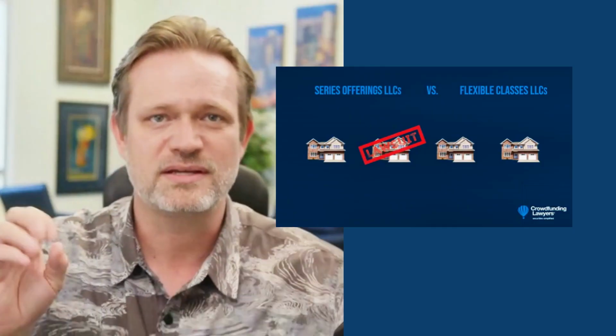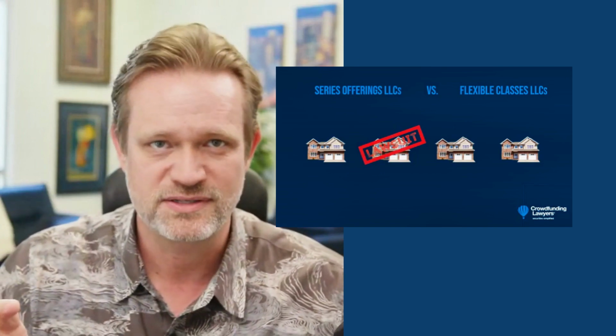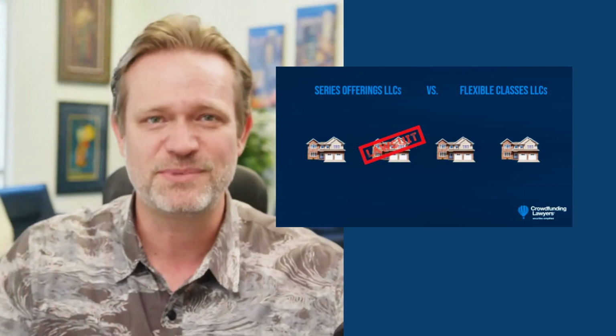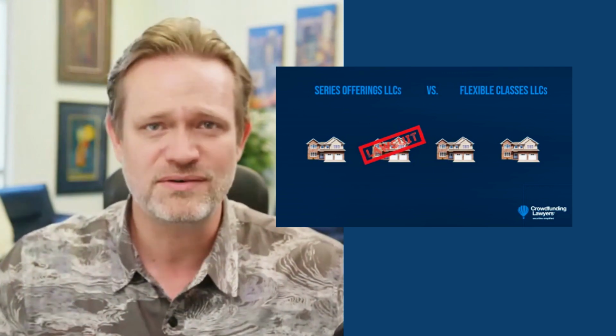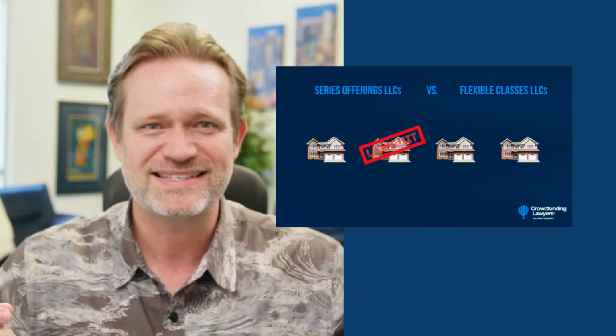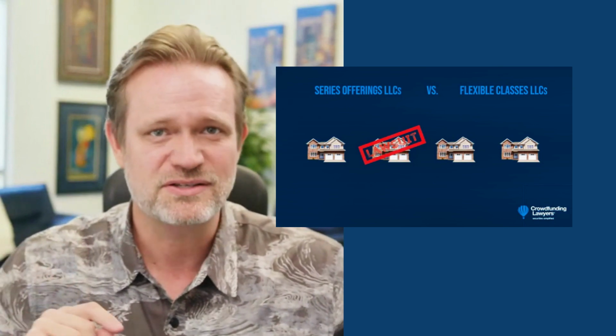Now, this is where the concerns and the drastic difference of protection really comes into play. Let's pretend you did a flexible fund as well as a series fund, and you bought a bunch of assets and there's a lawsuit.